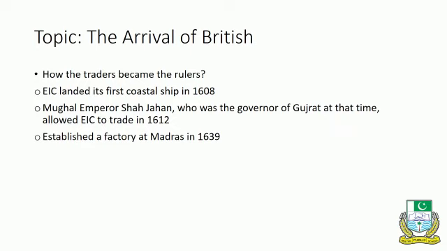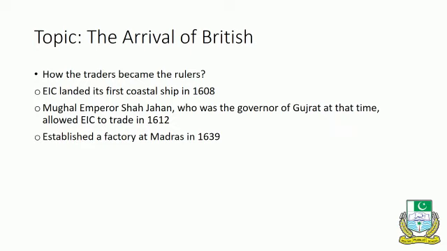The Mughal Emperor Jahangir initially refused to allow the EIC to set up its trading posts, but in 1612 his son Khurram, who is known as Shah Jahan, the governor of Gujarat, permitted EIC to set up their first factory at Surat.